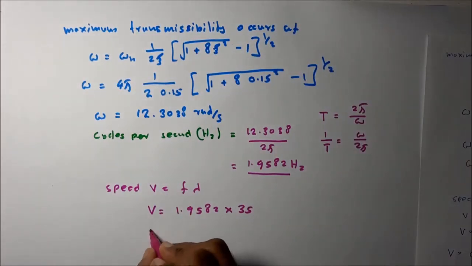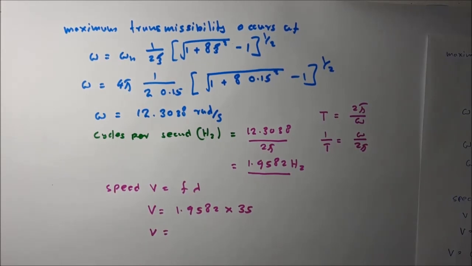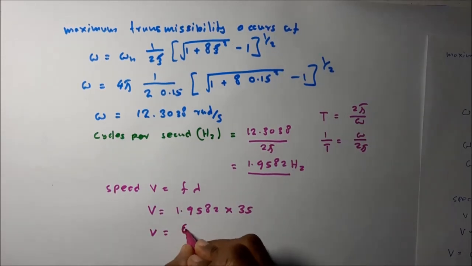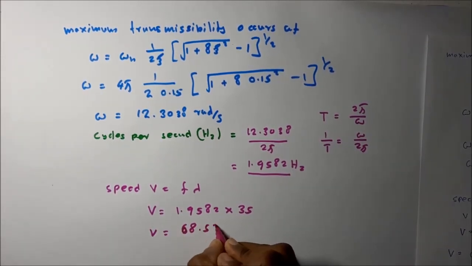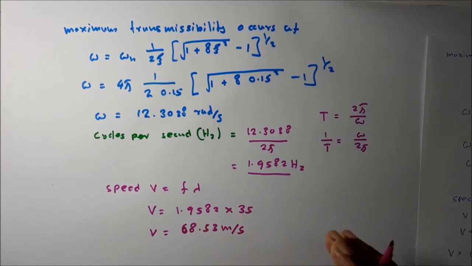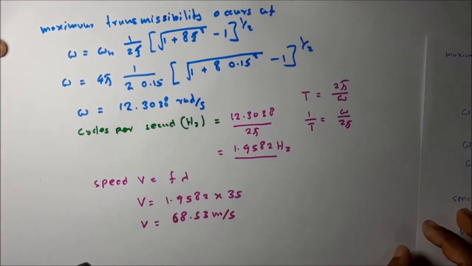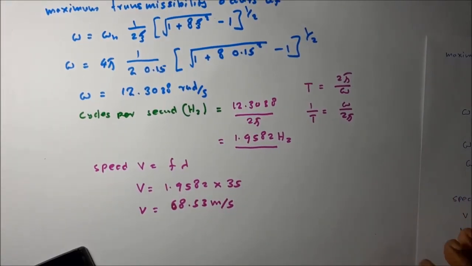So v is equal to 1.958 into 35, that is equal to 68.53 meters per second. Then we can convert into kilometers per hour.